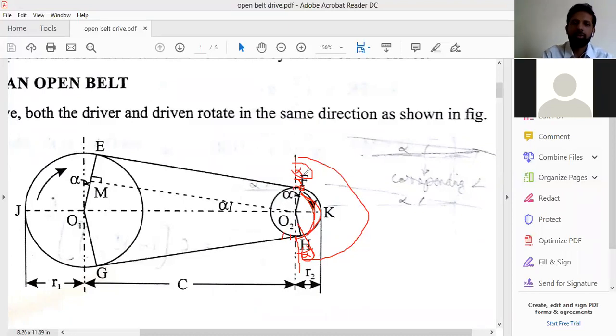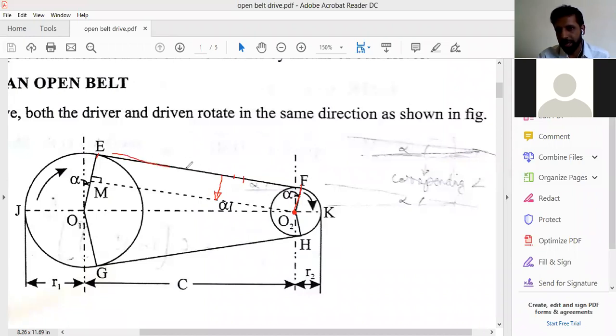So this is the next point that we have to remember. The third thing, for derivation purposes, is that we have this line EF. We'll bring this entire line parallelly downwards until it meets the center of the smaller diameter pulley, maintaining the same angle with no change.